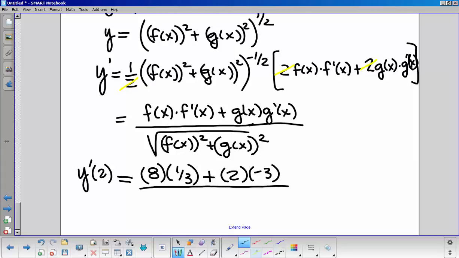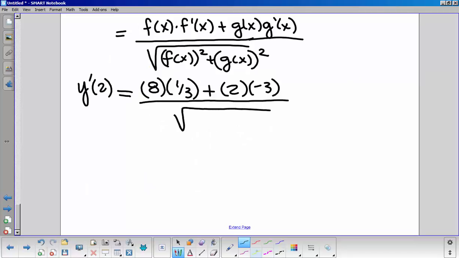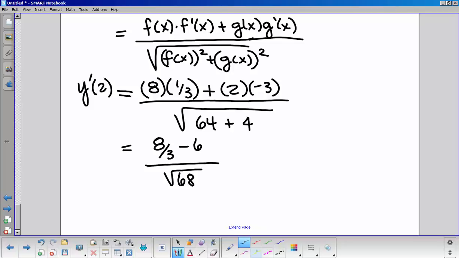All over the square root of f of 2, that's 64, right? Plus g of 2, 2, so that's 4. All right, so what do we have up here? We have 8 over 3 minus 6 over the square root of 68. This is going to be 18/3, right? So it's negative 10/3 on top.